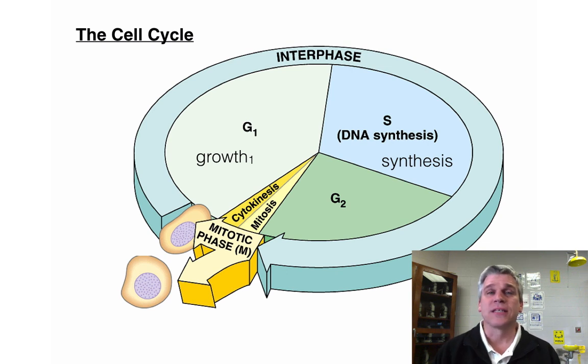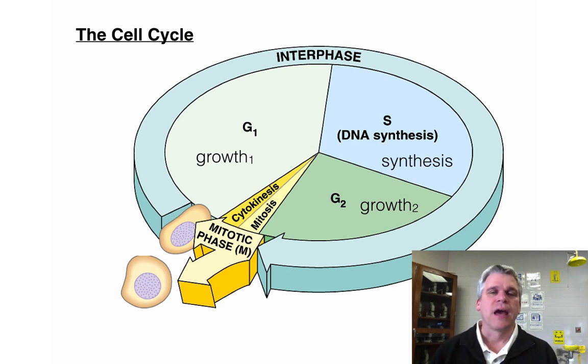So in this process, the DNA is going to replicate itself, and we'll talk about that in another video. Once the DNA has replicated itself, it's going to enter into the G2 phase, or the second growth phase. During this stage, other organelles are going to be making copies of themselves. In particular, the centrioles are going to be making copies of themselves. Finally, it's going to enter into mitosis, or the M phase.